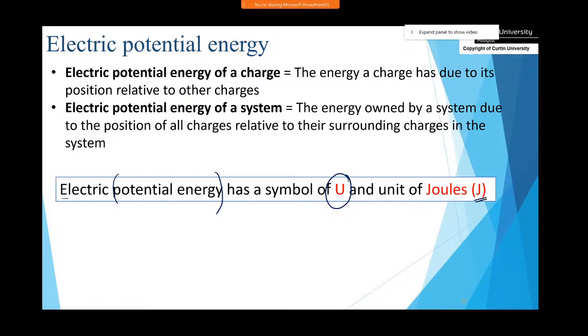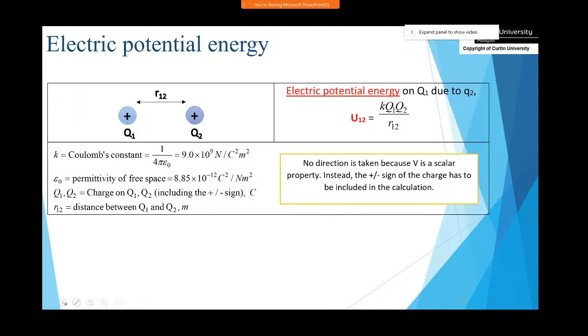There are two types of potential energy: one is the potential energy of a point charge, and the other is the potential energy of the whole system. A good news here is potential energy is a scalar quantity, so you don't have to care about the direction anymore. You don't have to draw the line, you don't have to do the resolving, you don't have to do the Pythagoras theorem, you don't have to learn about trigonometry.